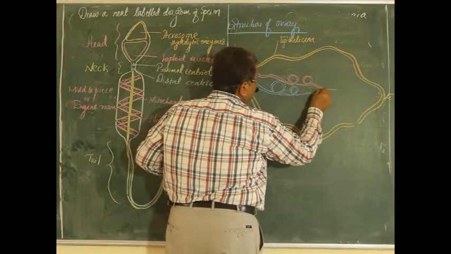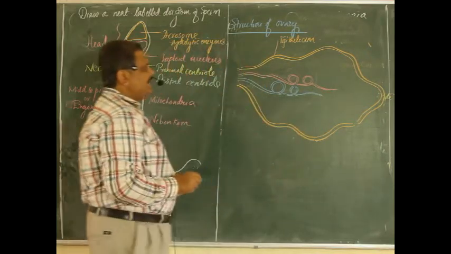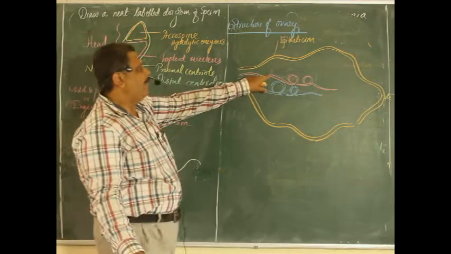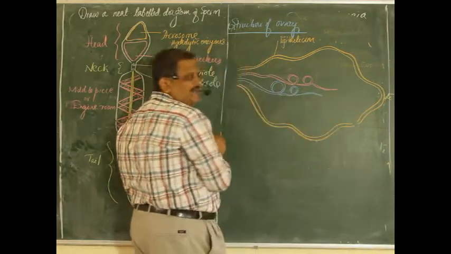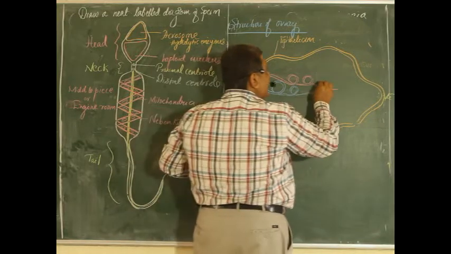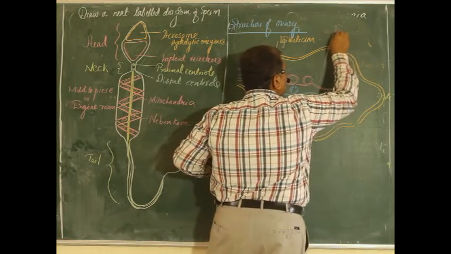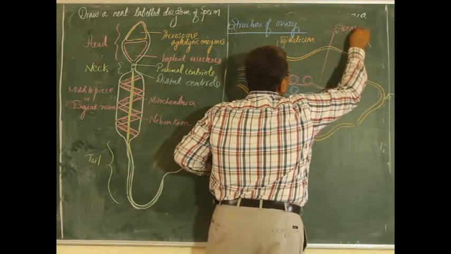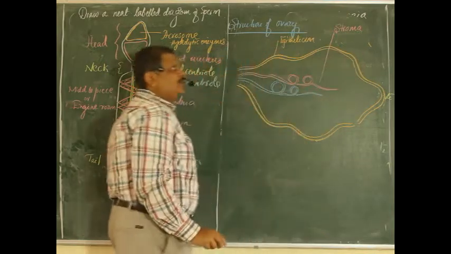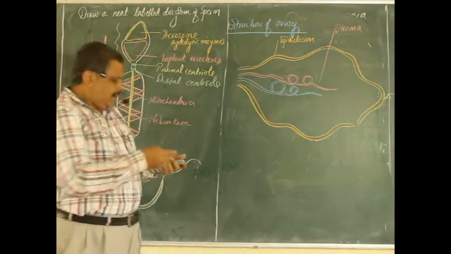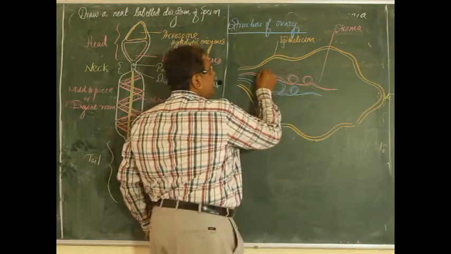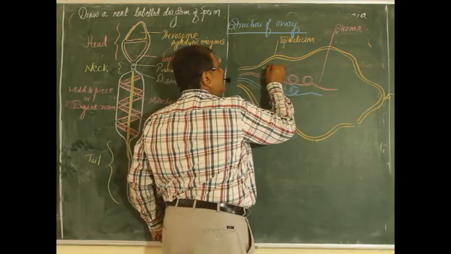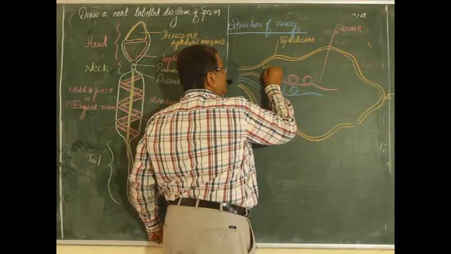Dear students, you can see the central part which is rich with blood vessels. This particular region of the ovary is called stroma. What is this? Is called stroma. And the peripheral part is associated with follicles.